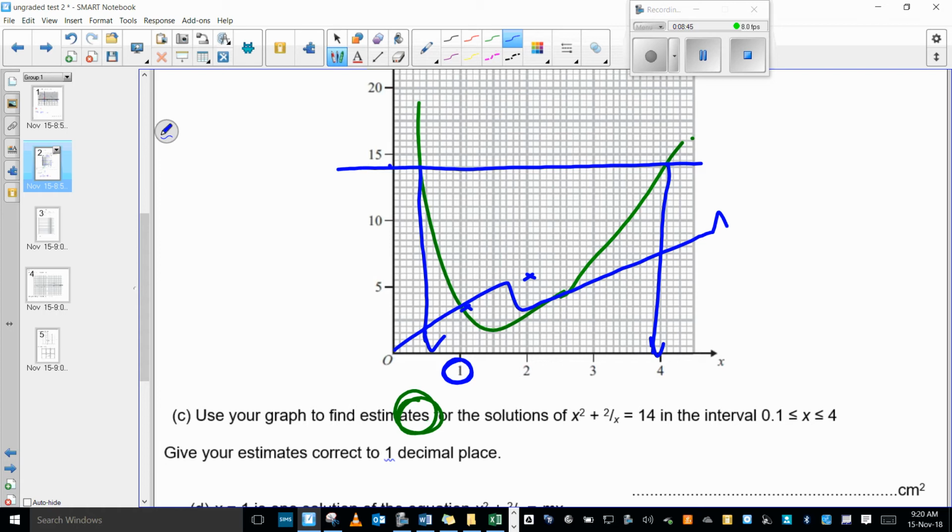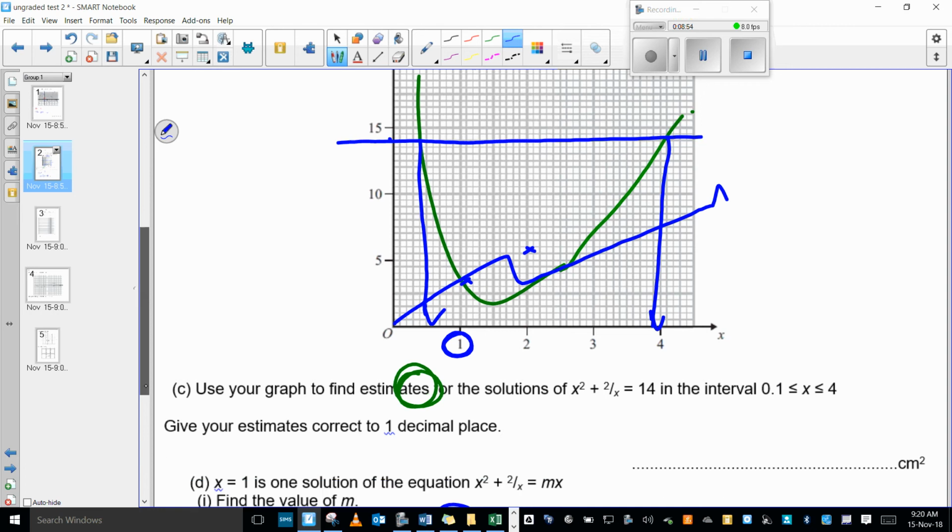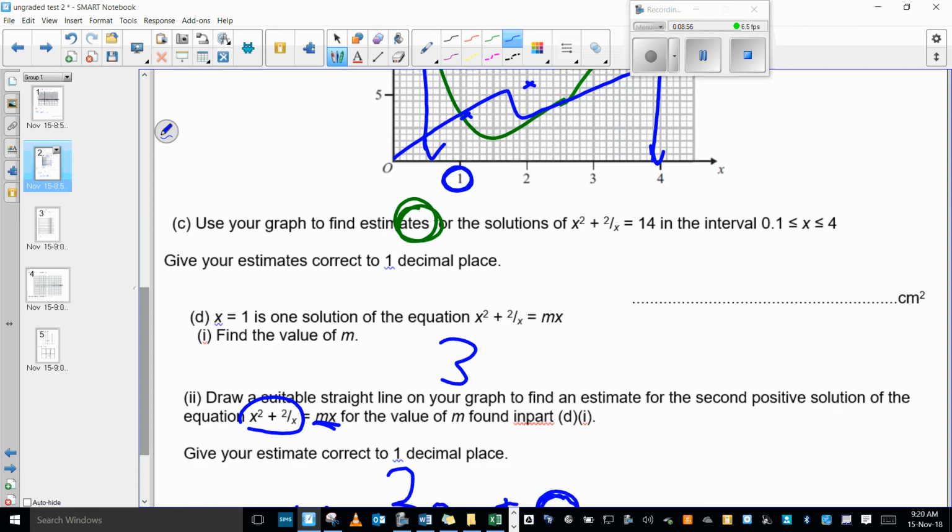Now, whilst subbing in the value works for that other one, for this question you also had an option to recognize that this is just an mx. We know it's a straight line. We know that the gradient, the y-intercept is 0.